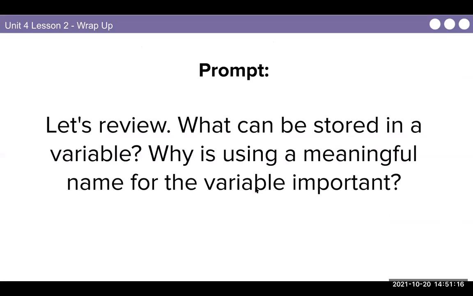All righty, let's review. What can be stored in a variable? Why is using a meaningful name for the variable important? So at this point, we can store a number and a string in a variable. Why is using a meaningful name important? It's important because it should be related to your app, okay? So that your variable, if I am working on an app to count cats, might be cat1, cat2, something like that.